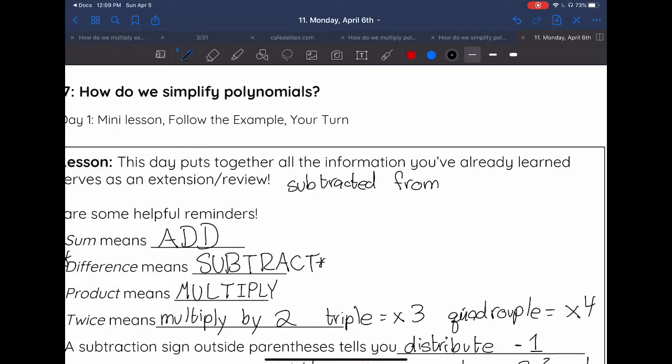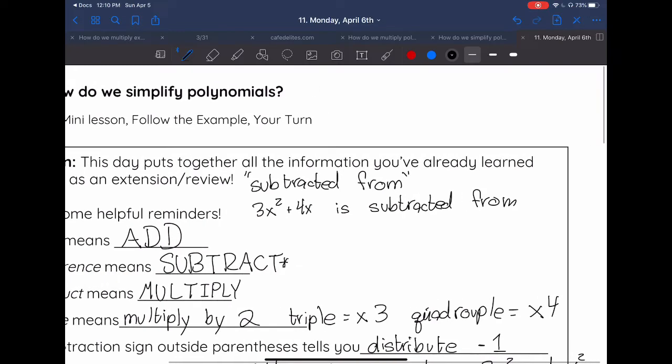So let's talk about an example. I have 3x squared plus 4x is subtracted from 5x squared plus 6x.